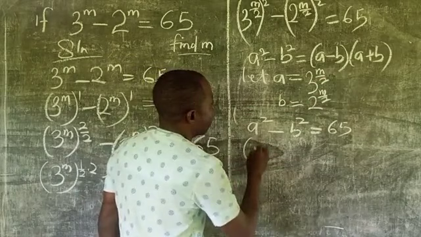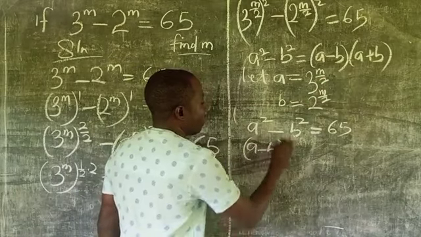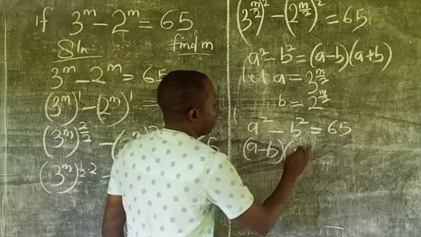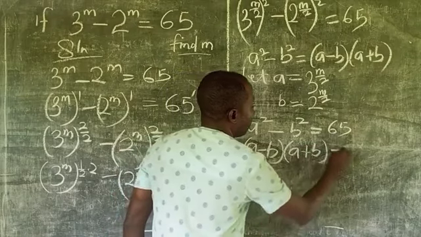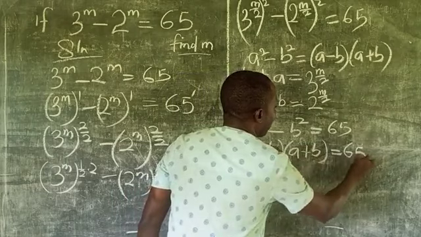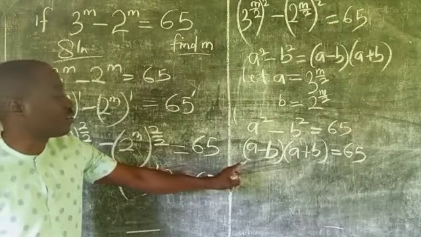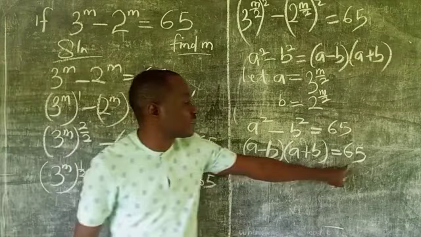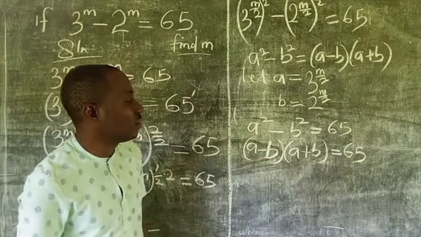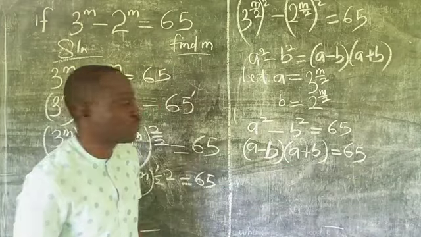That is to say, a minus b times a plus b equal to 65. And if we agree on this, we want to rewrite 65 in a multiple form.